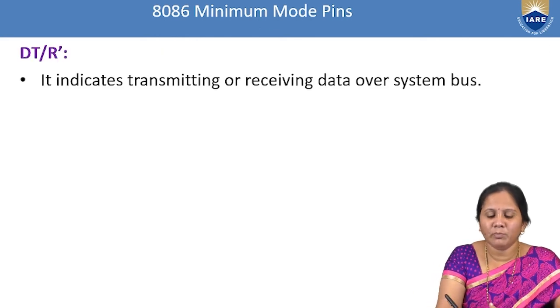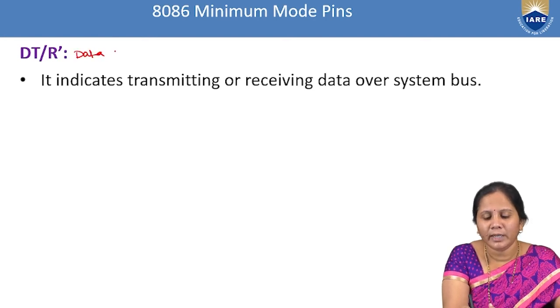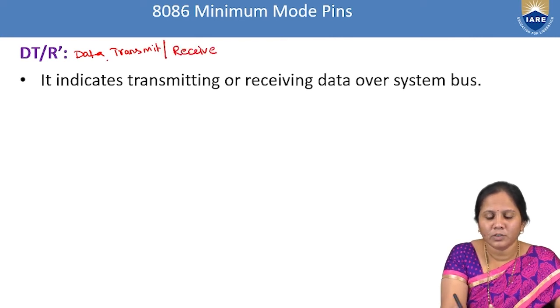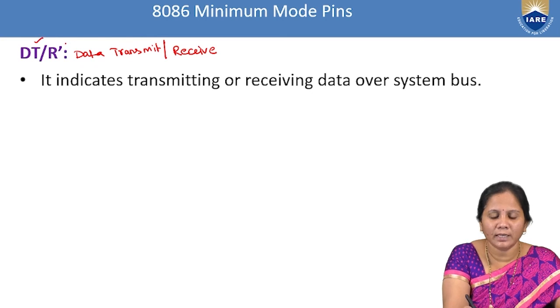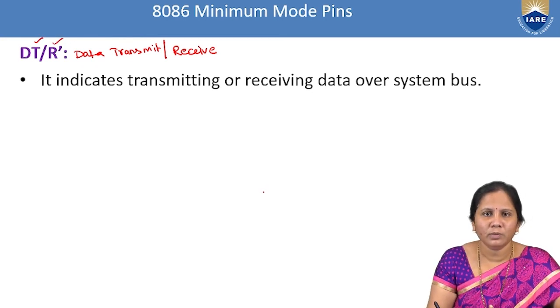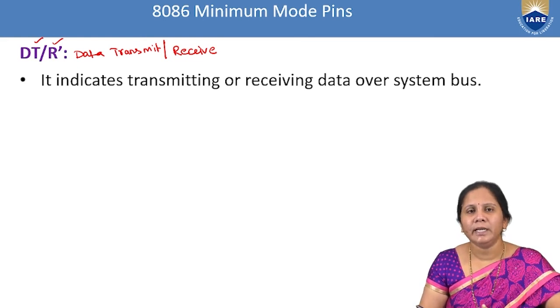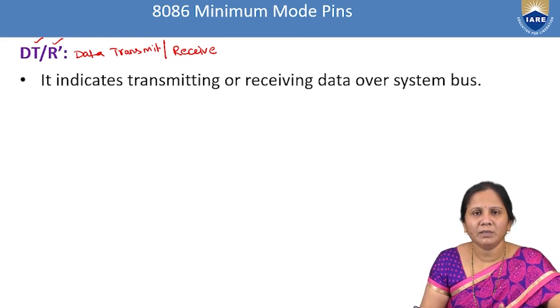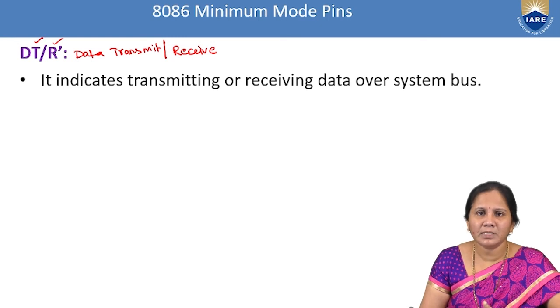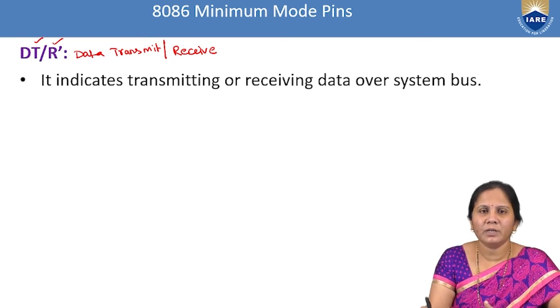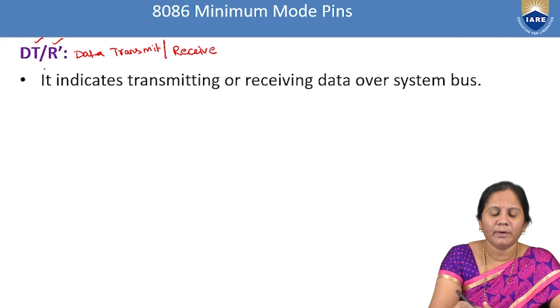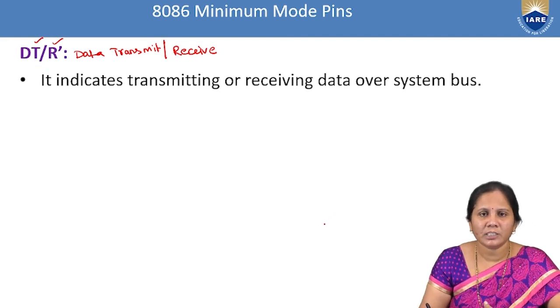And the next minimum mode signal is DT by R bar. DT stands for data transmit and receive. Here transmit is the active high signal and receive is the active low signal. Transmitting and receiving is nothing but writing and reading. Transmitting means writing, receiving means reading. The microprocessor will read or write the information by using this data transmit and receive signal.